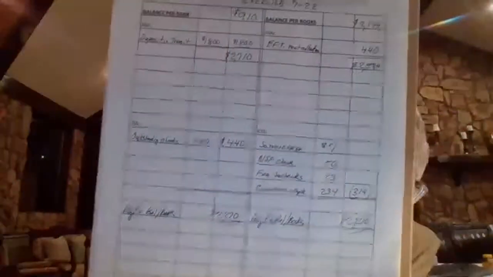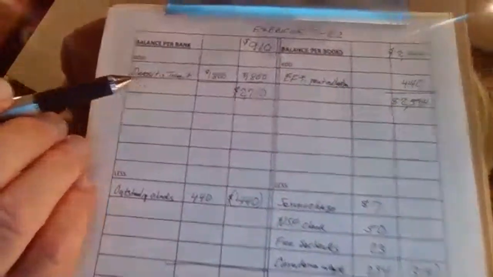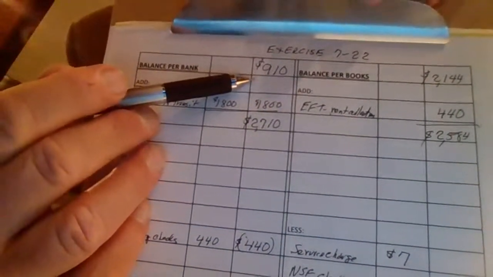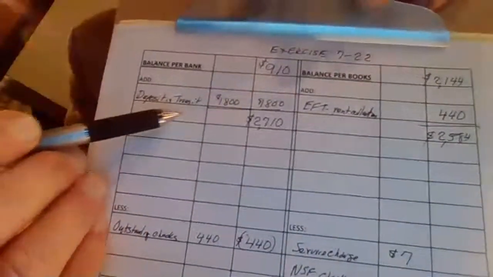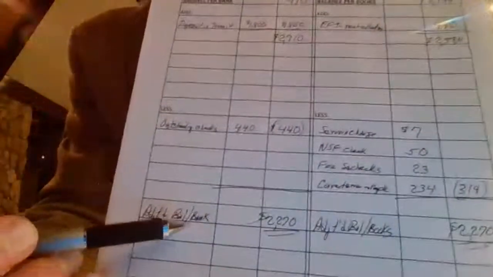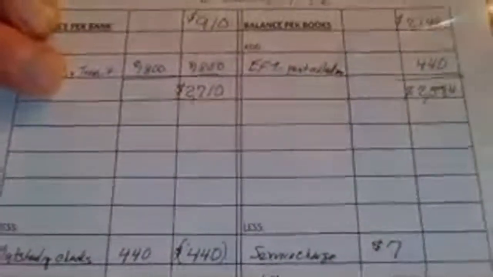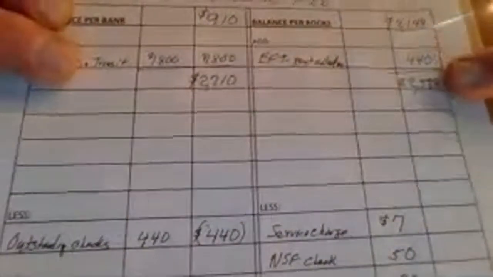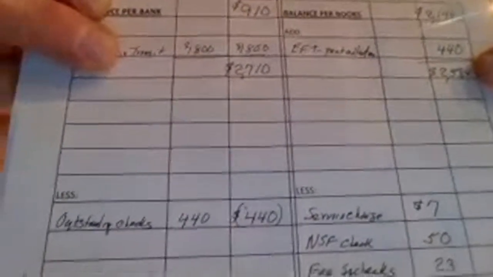Okay. So there is that. We started with the balance per the books, made our adjustments, get to the adjusted balance there. Got our balance per the bank cash account, and added in the rent collected via the electronic funds transfer.